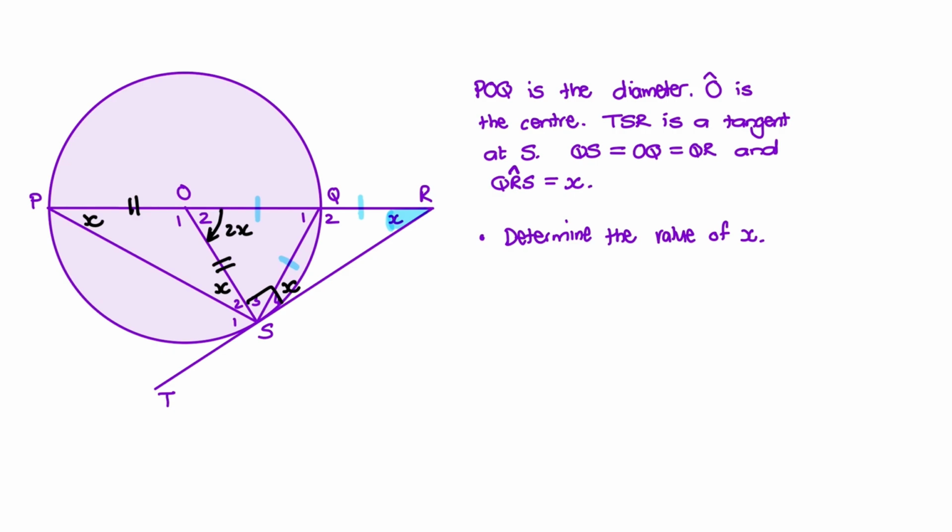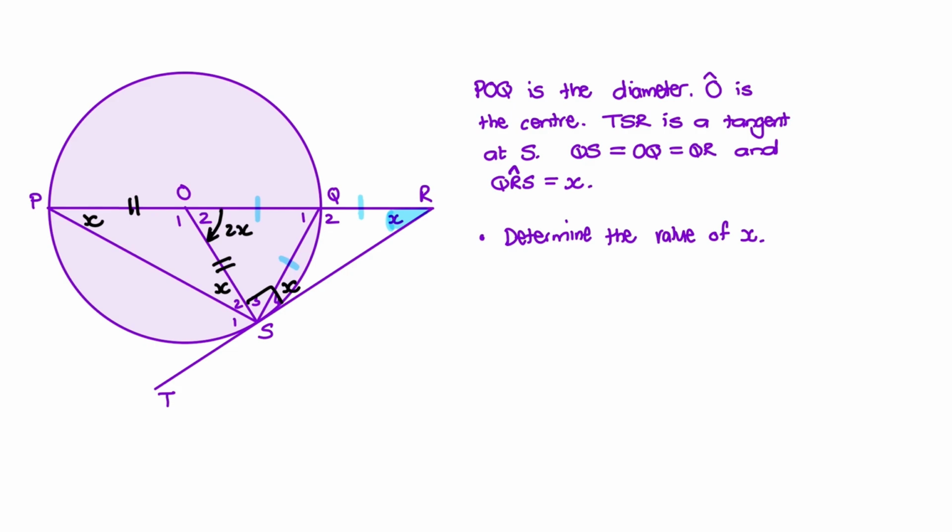And our last question is to determine the value of x. So with the information given that QS, OQ, and QR are equal, we have formed an isosceles triangle in triangle OQS.